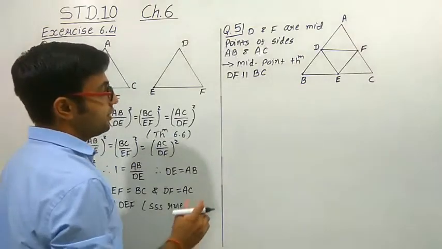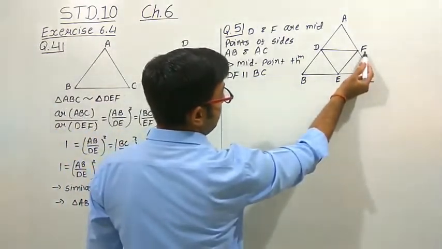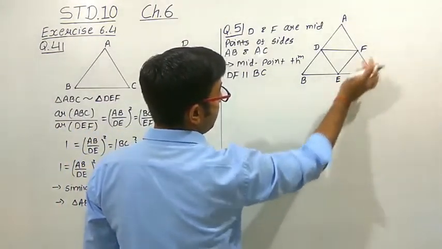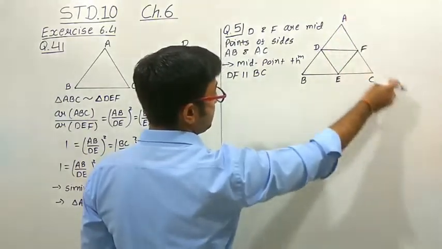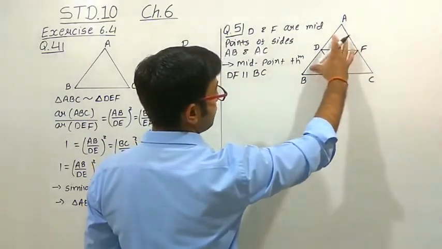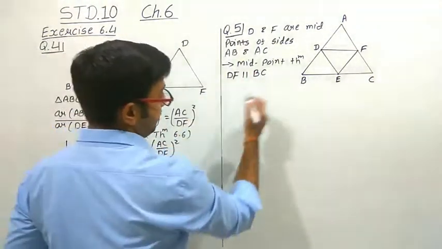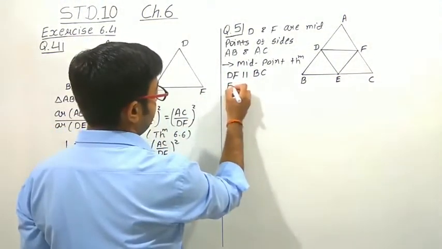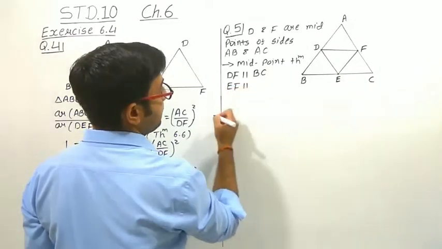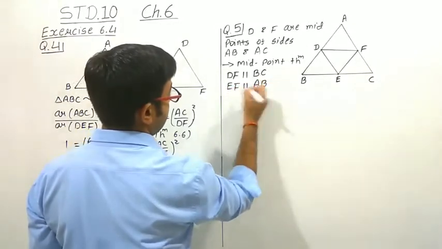In the same way, if we are considering E as a midpoint of BC and F as a midpoint of AC, then we can say that EF is also parallel to AB. Using the midpoint theorem, EF is again parallel to AB.